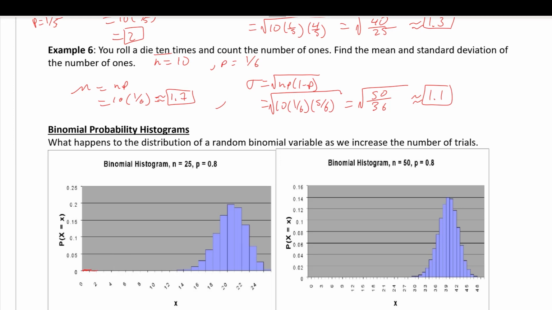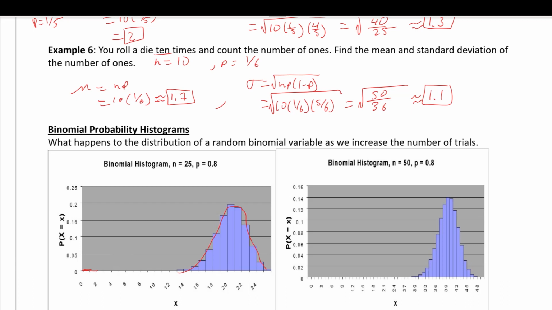Now when you start having a substantial probability of occurring, it's somewhere around 14, 16, and so forth. There seems to be a center to this distribution. You start to notice that you have this bell shape. It's not completely symmetrical, but it's pretty symmetrical.